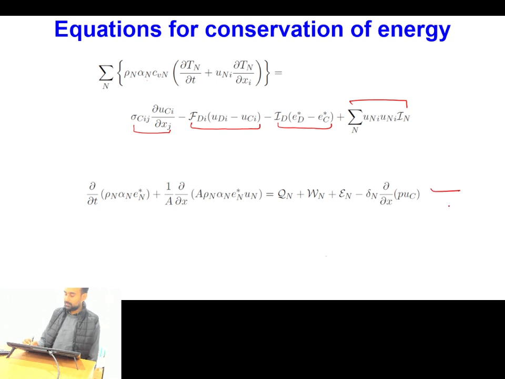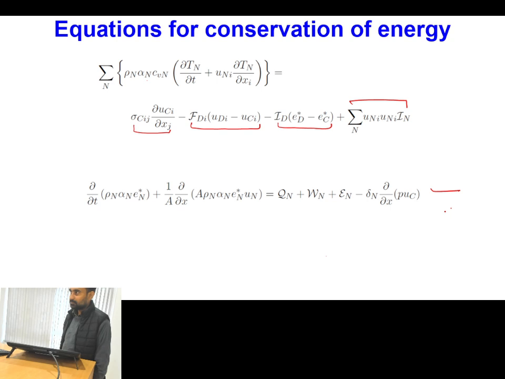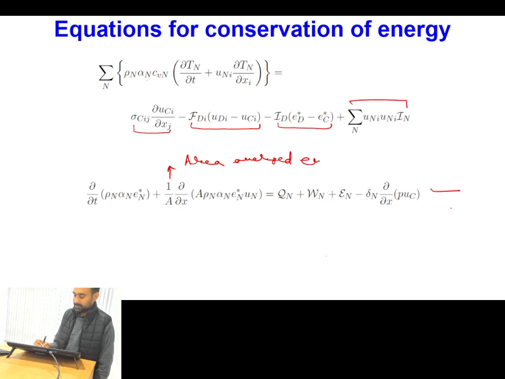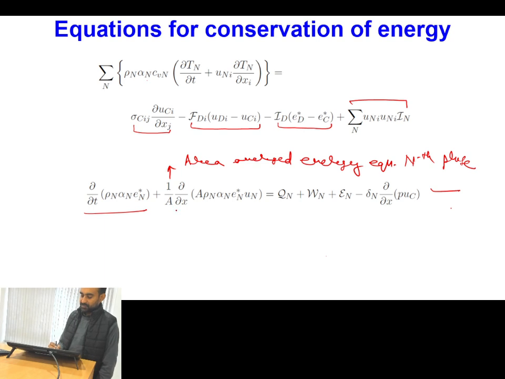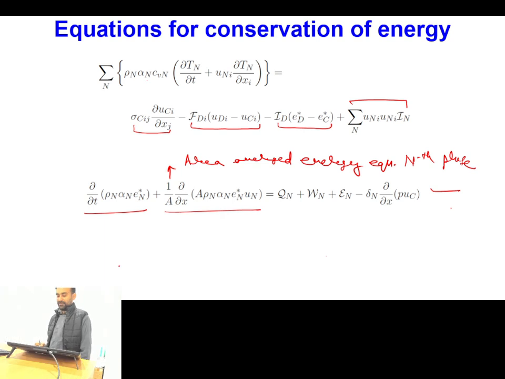What is this? I need not explain now. This is nothing but my area averaged energy equation, and this is applicable for the nth phase. So in the second term, we have multiplication and division of area, and then we have all the terms like we have for all other cases.